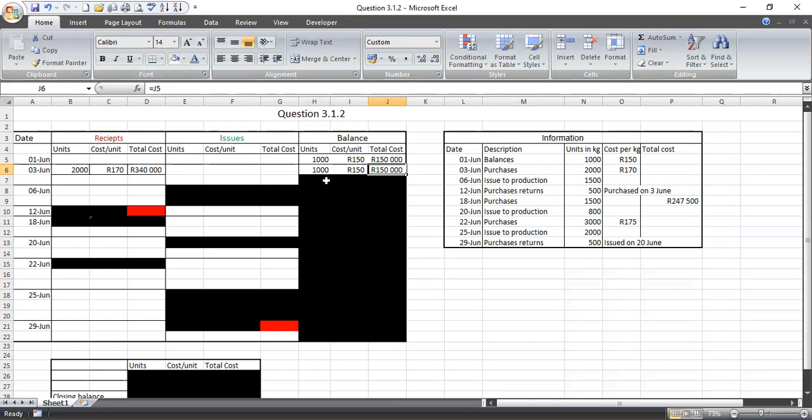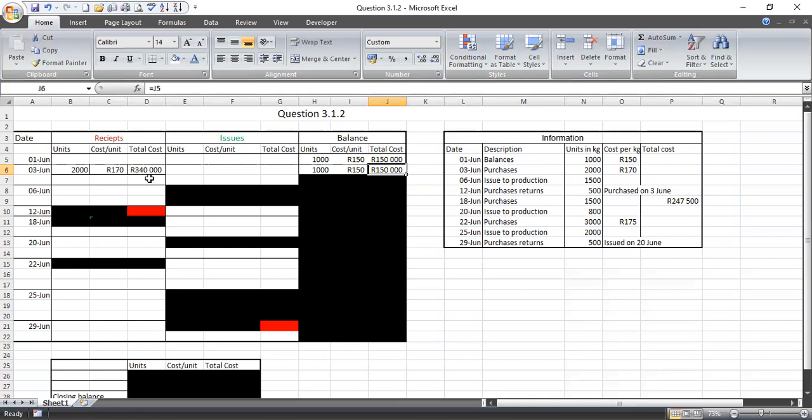So from there, in our balance on the 3rd, we are now saying that we have 1,000 units in the warehouse. But now that is not complete because we know that we made purchases of 2,000 units. These purchases of 2,000 units have to be reflected in our balance.